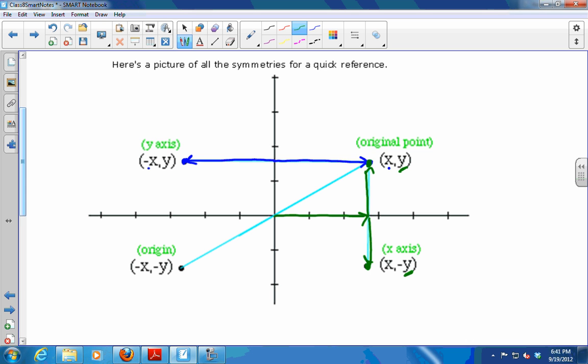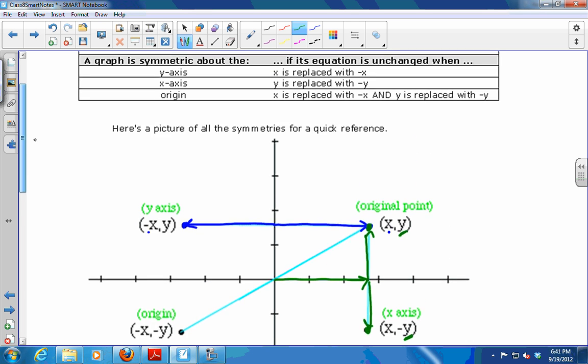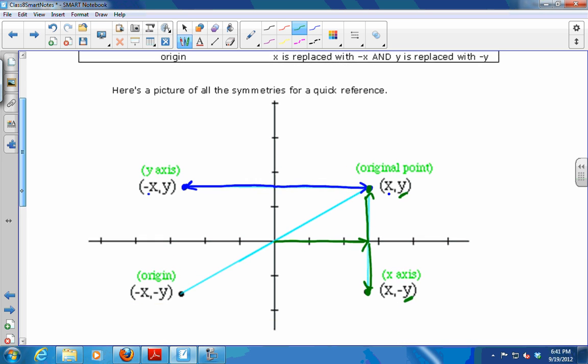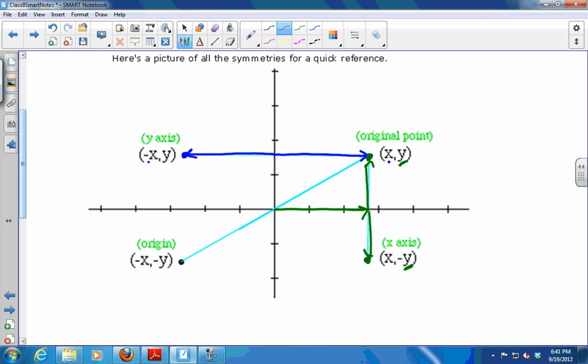Okay? And then the final test is the test for origin symmetry, where you replace x with negative x and y with negative y. Okay, so these 2 points, this one and this one, have origin symmetry. Picture the folding. If I were to fold it in half along the x-axis, this one, this red one right here, would move down to here.